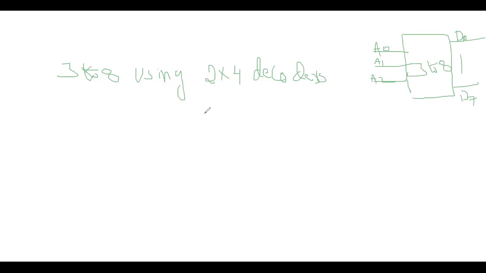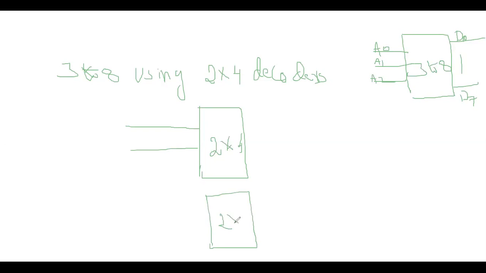So let me take a 2 to 4 decoder with 2 inputs, and another 2 to 4 decoder with 2 inputs. I am connecting these two inputs together as A0 and A1.